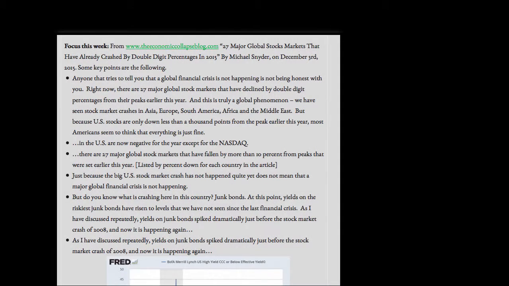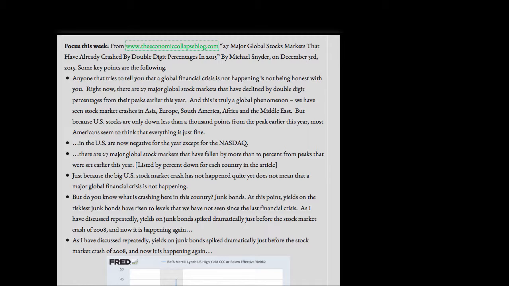Focus this week from www.theeconomiccollapseblog.com: 27 major global stock markets that have already crashed by double-digit percentages in 2015, by Michael Snyder on December 3rd, 2015. Some key points are the following. Anyone that tries to tell you that a global financial crisis is not happening is not being honest with you.